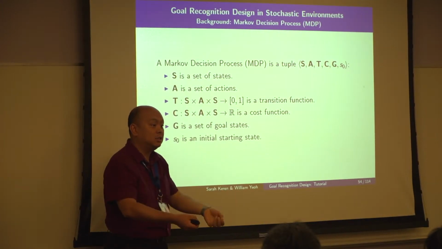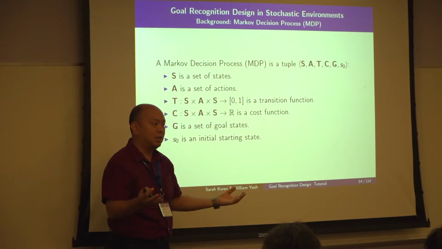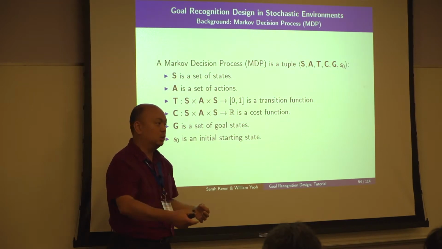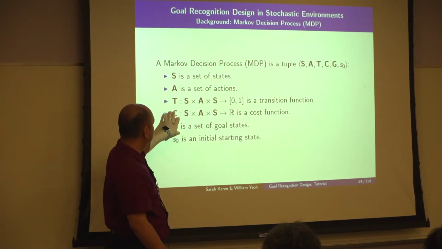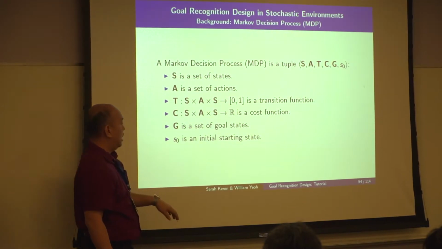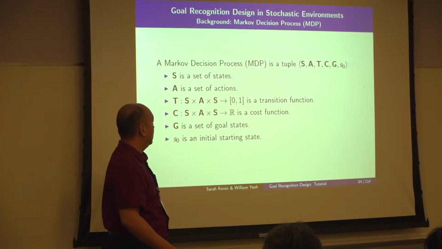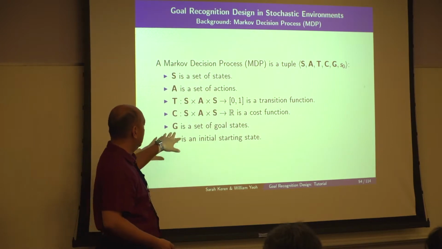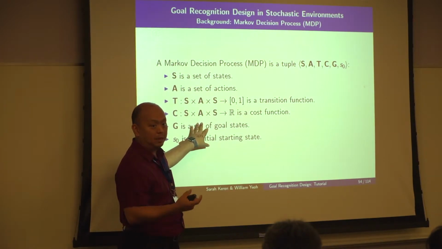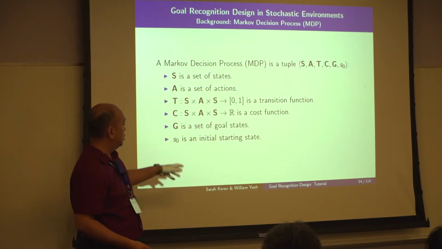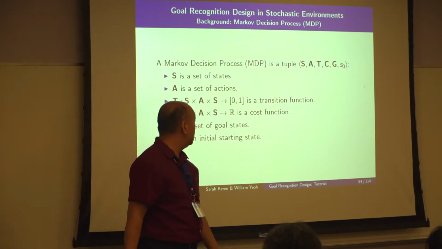So if you're in a particular state, you incur a cost, whatever action you take. So this has different forms. And then G is a set of goal states. In a traditional MDP, you basically have G as a particular goal state, right? And S0 is the starting state of the agent.